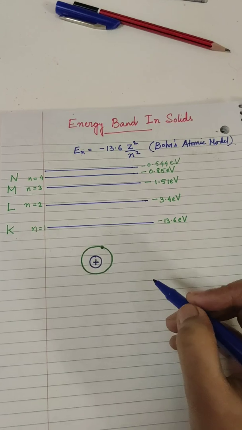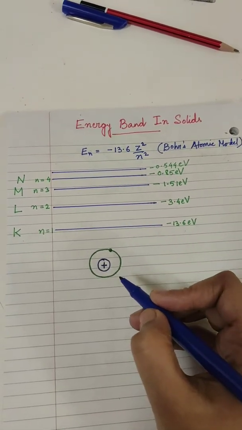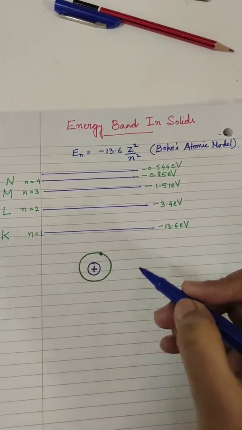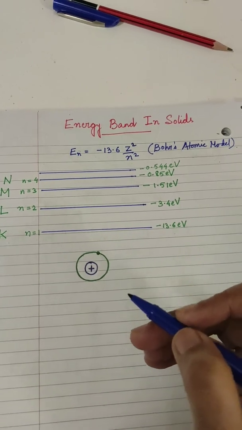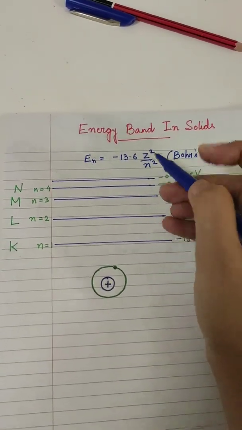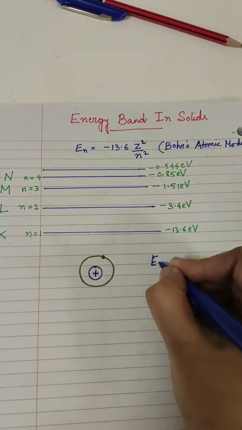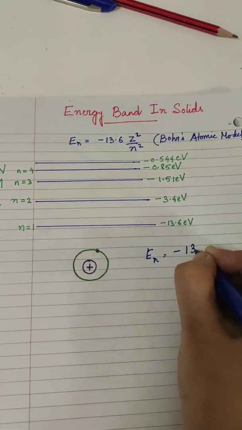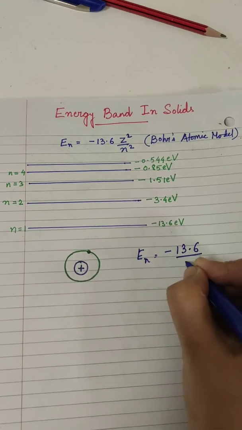But see, in hydrogen, the energy of an electron in an orbit depends on the principal quantum number n: minus 13.6 Z squared by n squared, with Z equal to 1.